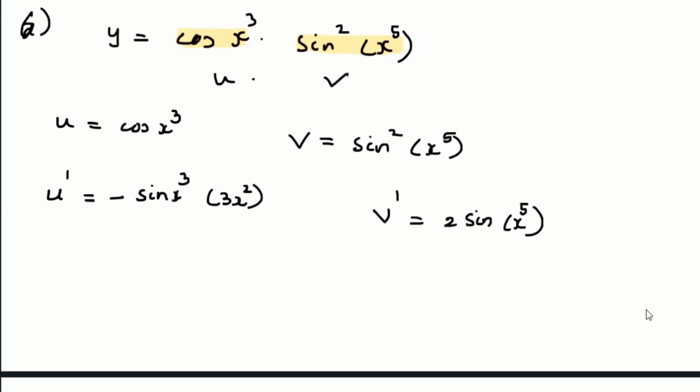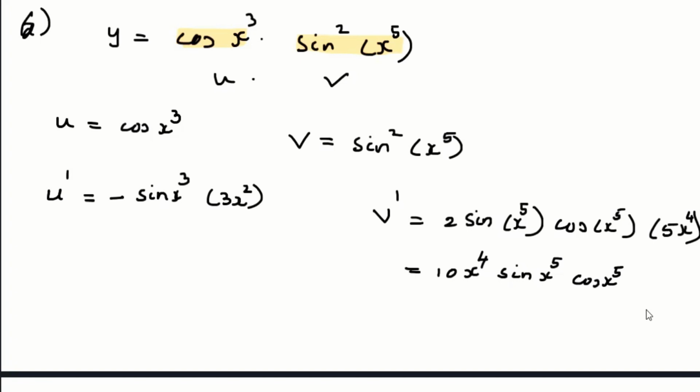Now differentiate what is sine. Differential of sine is cos x power 5. And now differential of x power 5 is 5x power 4. So this can be rewritten as 2 5s are 10x power 4 sine x power 5 cos x power 5. Can you think of any other way of writing this? So we can stop with this.